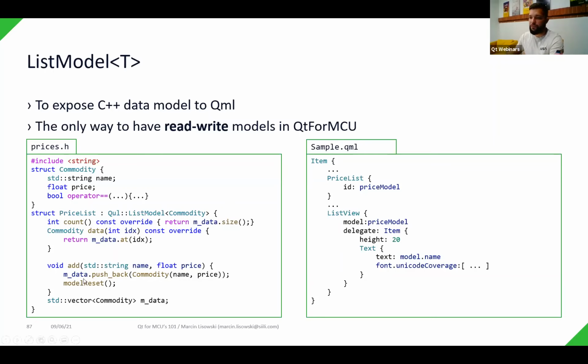You can also see this in the add method, and this call causes a redraw of the whole control that is using your model. So, for example, if you have a list view displaying things from your list model, and you call model reset, then the whole bounding box of your list view will be redrawn completely from scratch. So this can be heavy if you are going to refresh your data quite often.